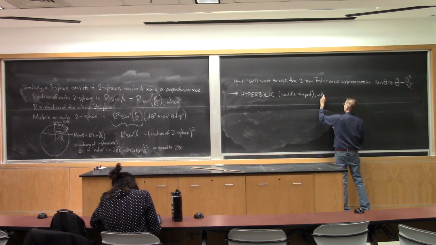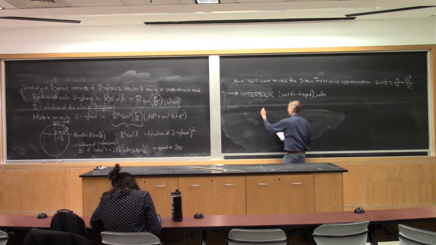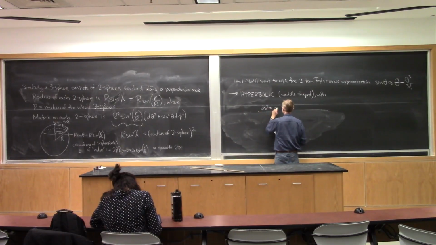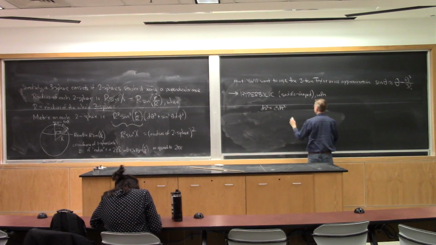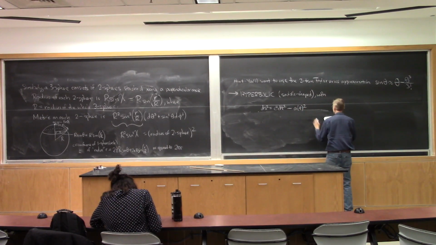And if we write down the metric, ds squared is c squared dt squared minus scale factor a of t squared times dr squared.